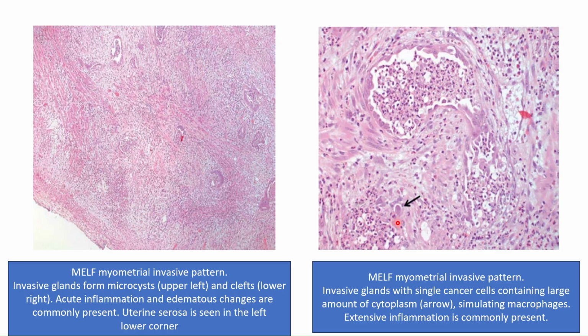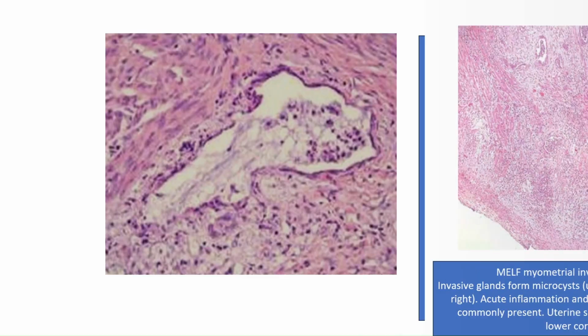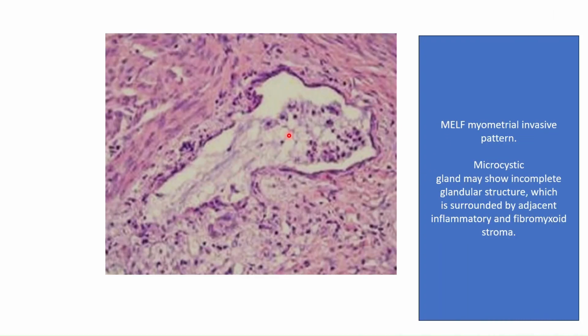It simulates macrophages, and here we can see extensive inflammation. So this is the MELF invasive pattern. This is again a microcystic gland, an incomplete glandular structure, surrounded by this fibromyxoid and inflammatory stroma.